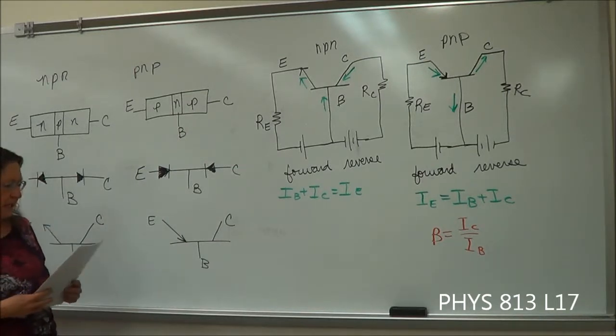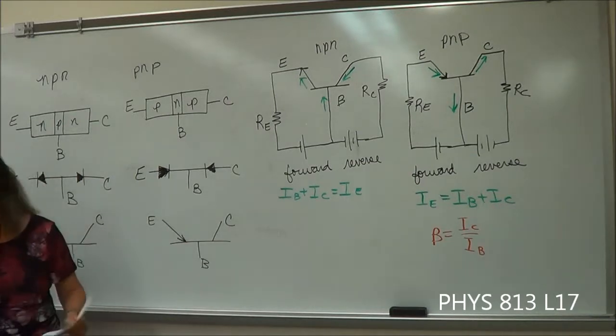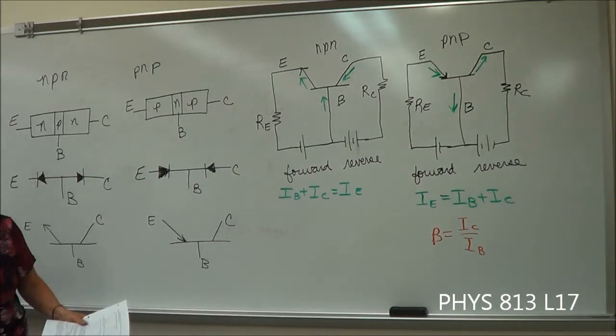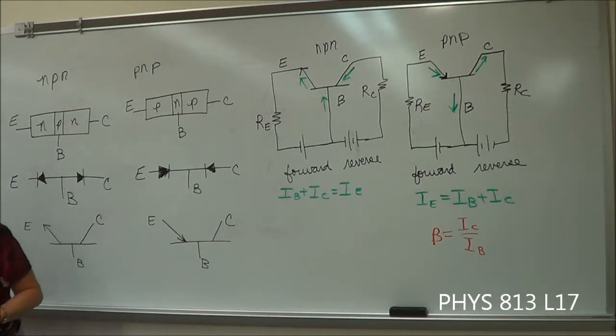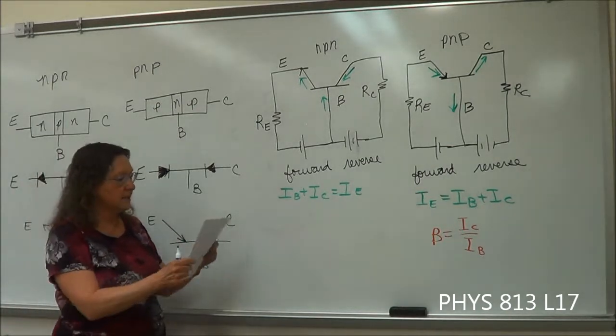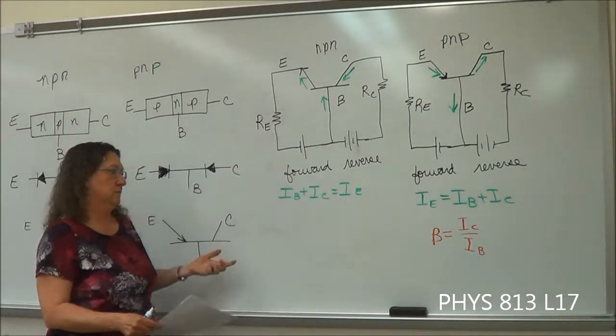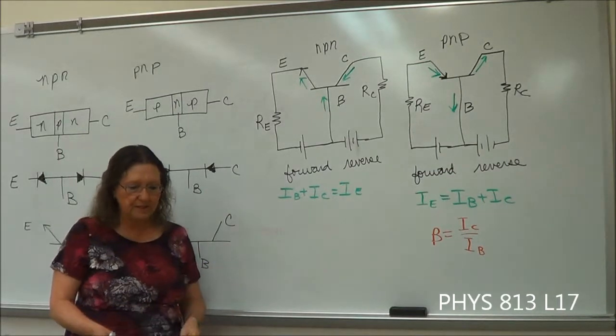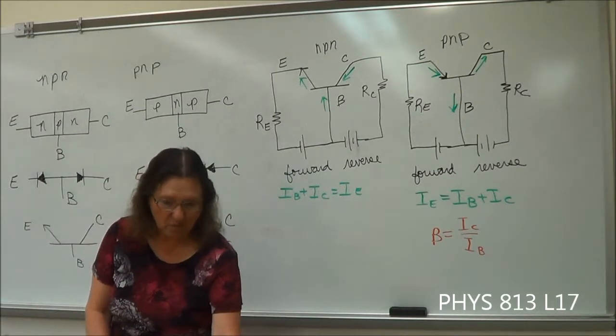So there's one more thing that I want to talk a little bit about. I'm going to try a different color here. And this is how you look at a transistor. I'm just going to hold one up now.